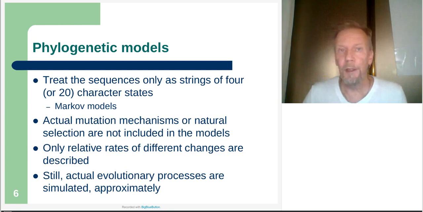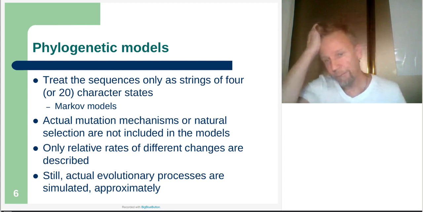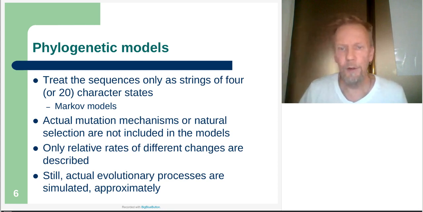Phylogenetic models are really simplistic in the sense that they don't care about the biology. They are just looking at strings of letters which represent our DNA or amino acid sequences. And they are treated as Markov models, and I need to skip the explanation here.